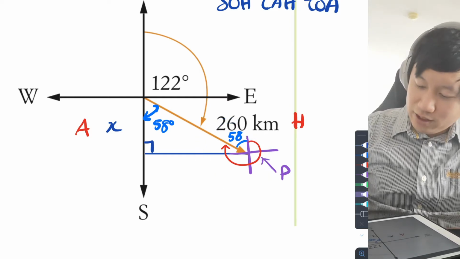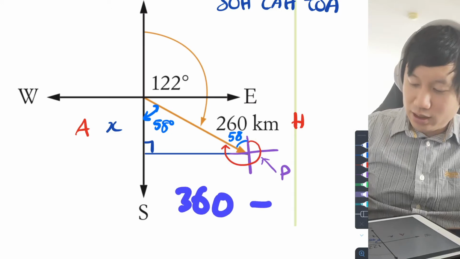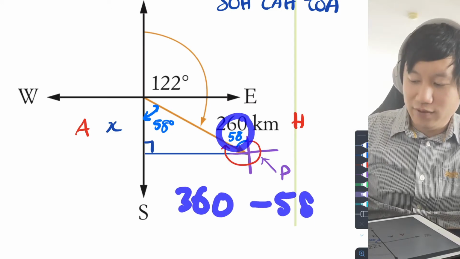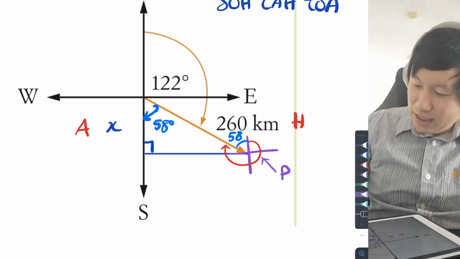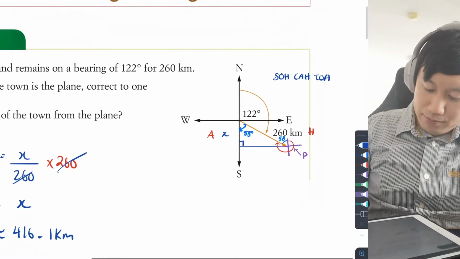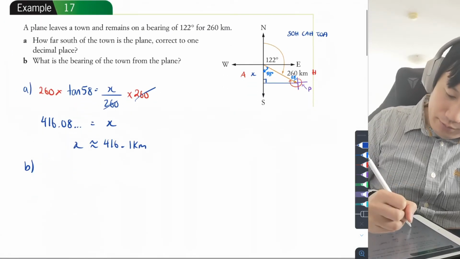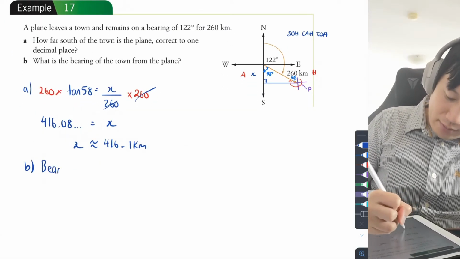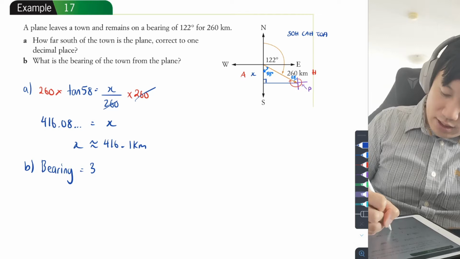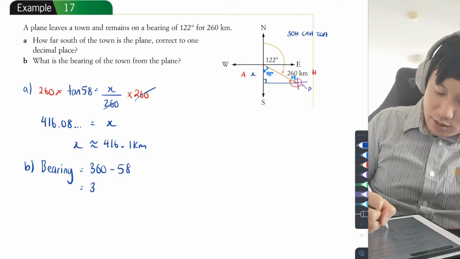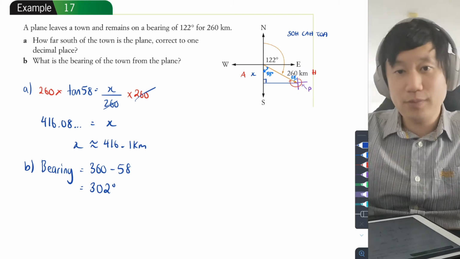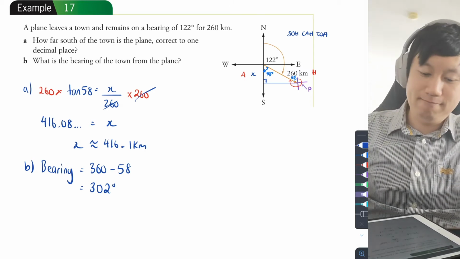So if I want to find just the red bit, I'll get 360 subtracted by that angle there, which is 58. So the bearing is equal to 360 degrees minus 58 degrees, which is a total of 302 degrees. Okay, so that's it for example 17.